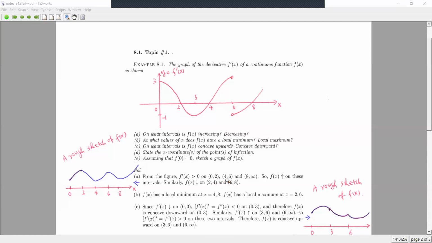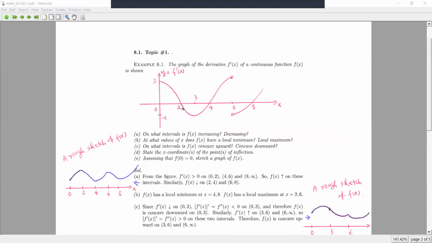And similarly, 4 to 6, 8 to infinity, the curve lies above the x-axis. So over these intervals, the derivative is positive. So therefore, the graph of f is increasing on these three intervals.